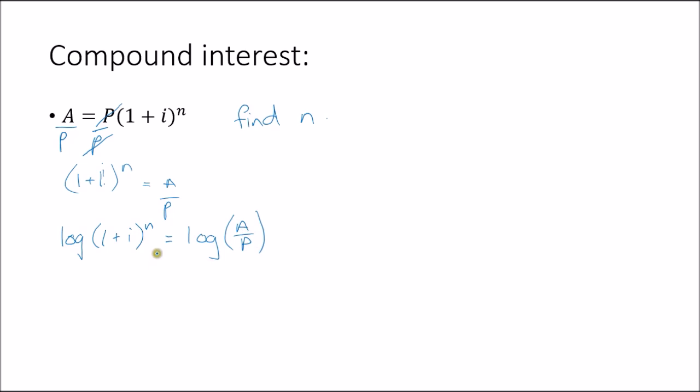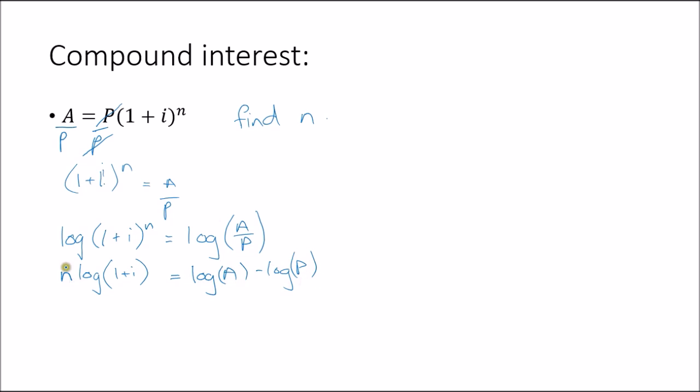So the log of something to the power of something else is equal to the power times log of the base, if you like. So we get n log of 1 plus i equals, now the log laws for division are a lot like the index laws for division, where we subtract the indices, so we're going to subtract the logs, so it's going to be log a minus log p.